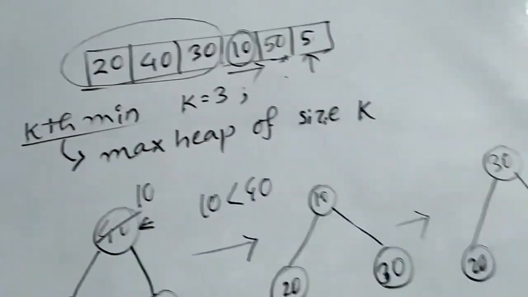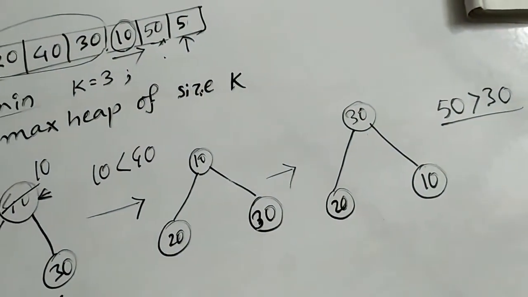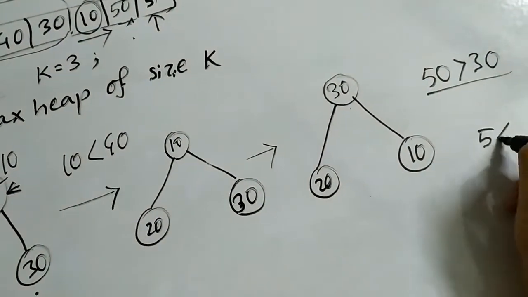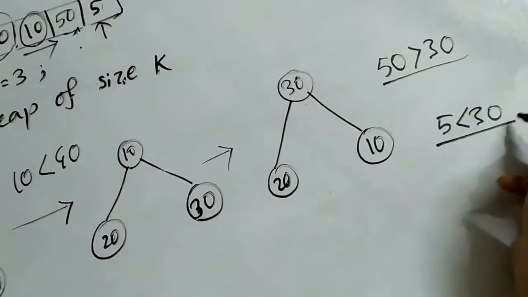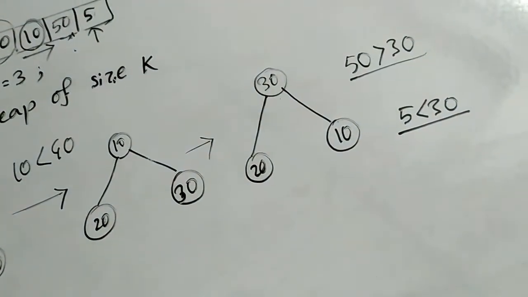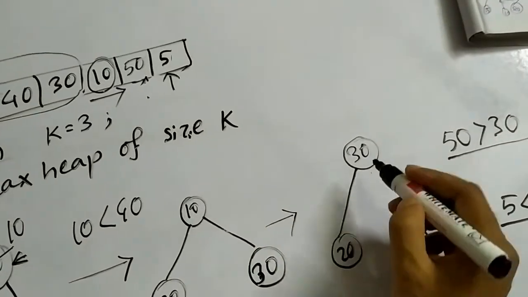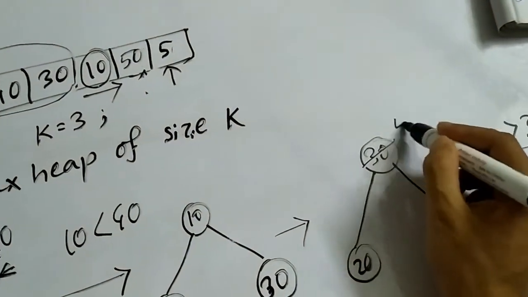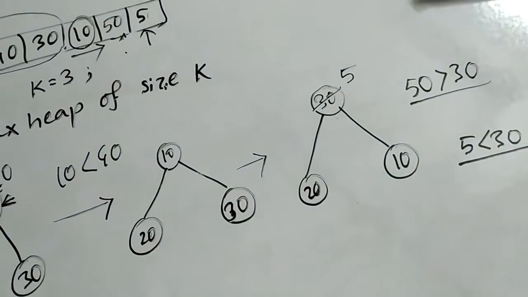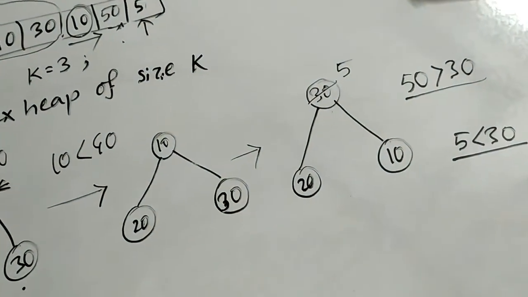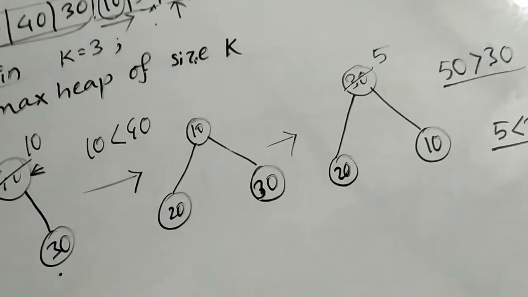Now I am seeing an element 5. 5 is less than 30, so 5 is eligible to become a minimum. I will replace the value of the root by 5 and check whether I still get a max heap.